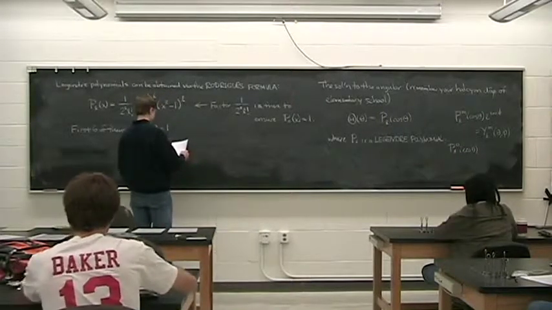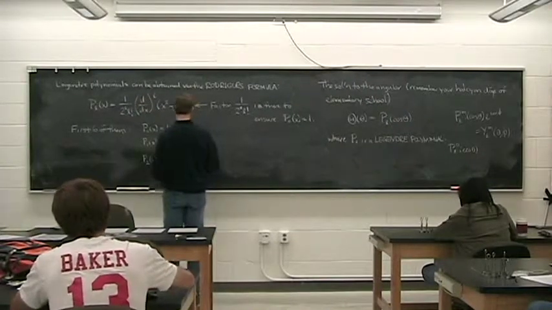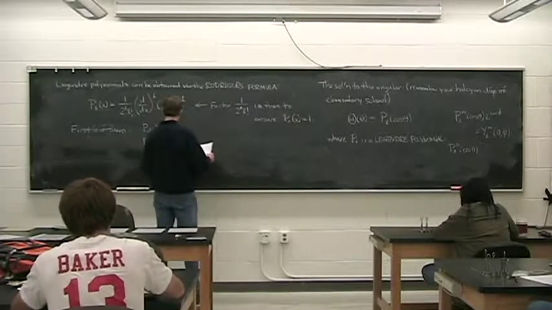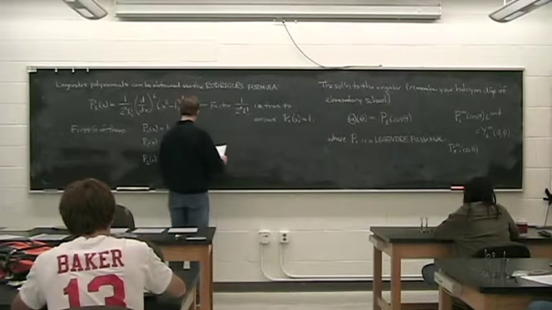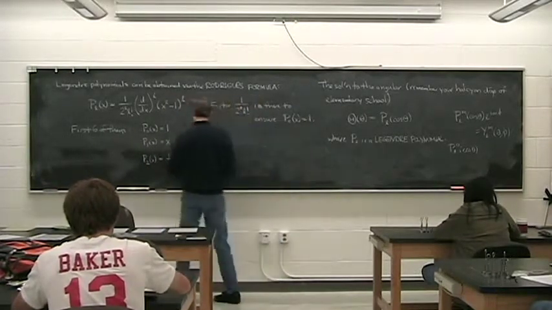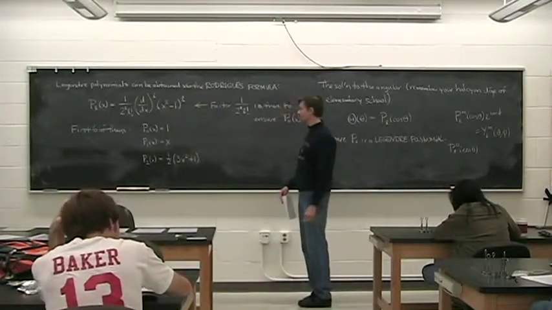Sadly, it doesn't continue where P2 of x is x squared, but on the other hand, these are the kind of things where people are like, oh, but they're really not that frightening. And in practice, you look the things up is what it comes down to. So P2 of x is 1 over 2, 3x squared minus 1.